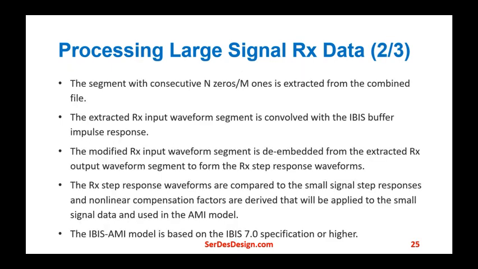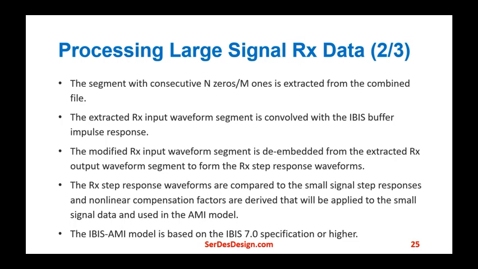The waveform segment with the consecutive N0s and M1s is extracted from the combined file. The extracted receiver input waveform segment is convolved with the IBIS buffer impulse response. The modified receiver input waveform segment is de-embedded from the extracted receiver output waveform segment to form the receiver step response waveforms.